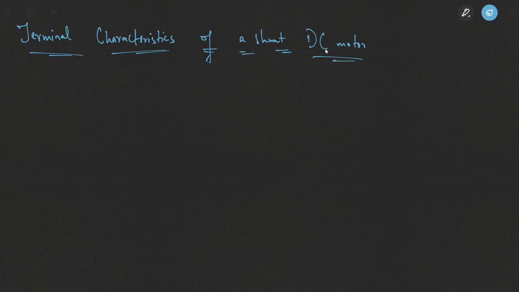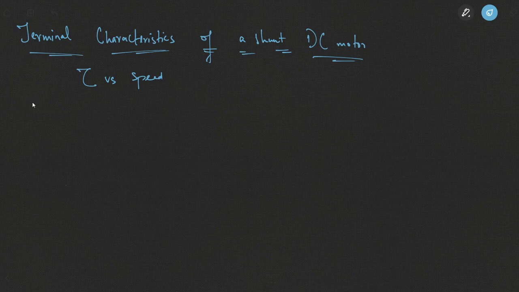So we'll be plotting the torque versus speed characteristics of this machine. The terminal characteristics of a shunt DC motor are also known as the speed torque or torque speed characteristics. How will the torque vary with respect to the speed of this motor? First of all, we need to derive the speed equation of the shunt DC motor.